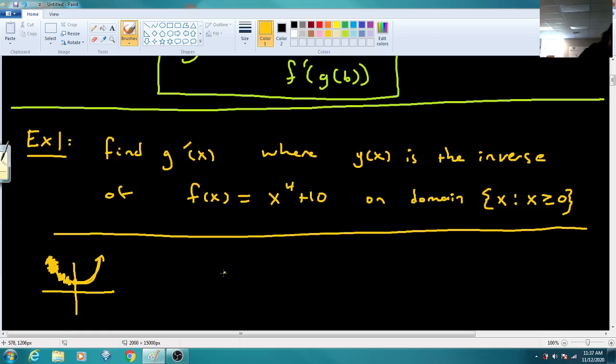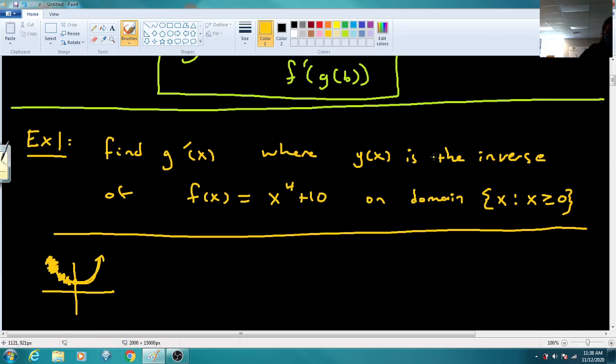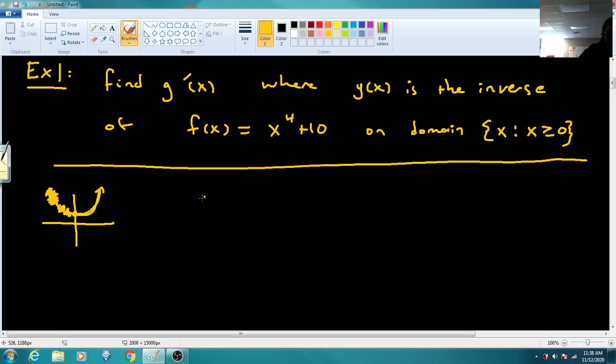So it's invertible. So what we want to go through and do here is we got f of x, we want to generate the g of x function, and then we'll know what goes in here, and we'll evaluate the f prime. We can get that pretty easily too. So let's figure out g of x.